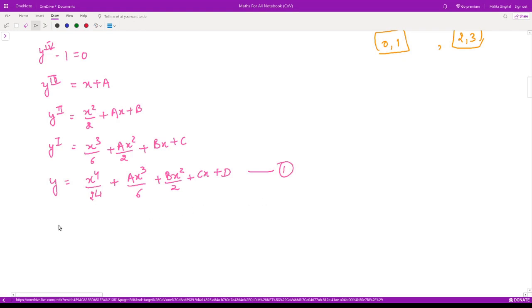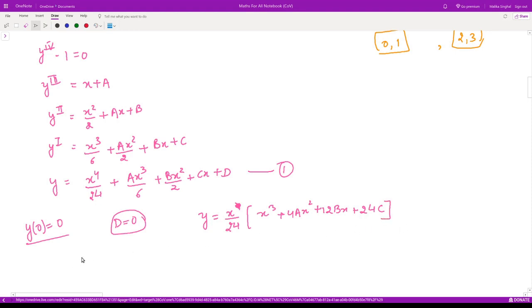Now I'll apply the first boundary condition, which is given to be y at 0 is equal to 0, right? So this gives me directly d is equal to 0. So our equation reduces to y is equal to x raised to power 4 by 24. I'll take x by 24 common, so I'll have x cube plus 4ax square plus 12bx plus 24c, right?